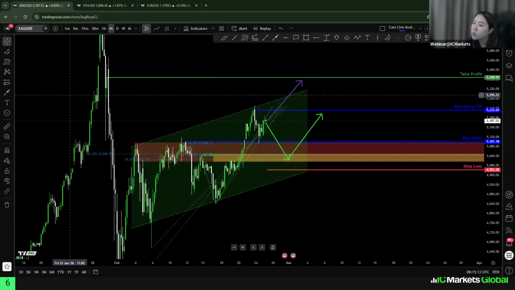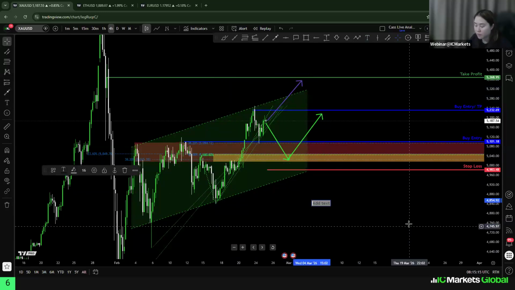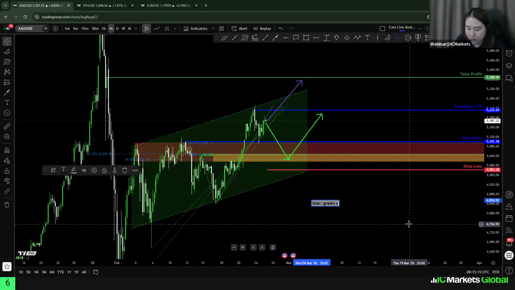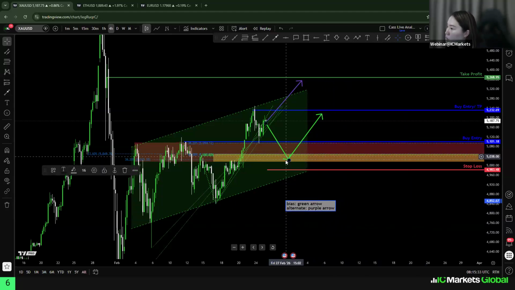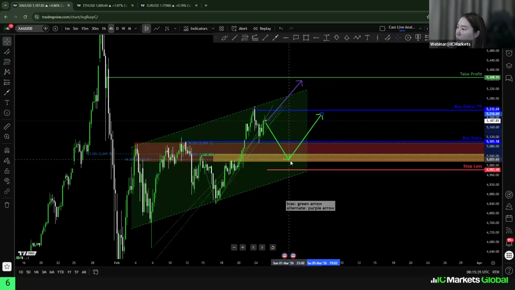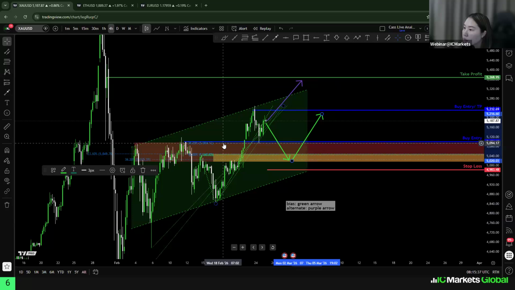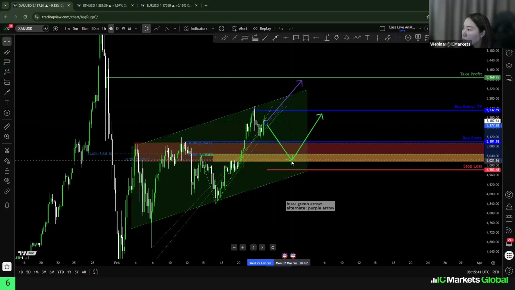Alternate scenario. Somewhere within this red box, but more specifically, I think in this yellow zone.